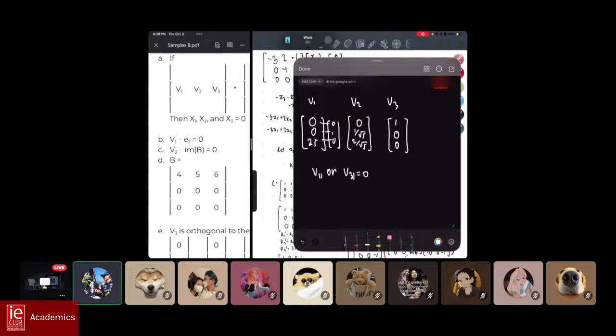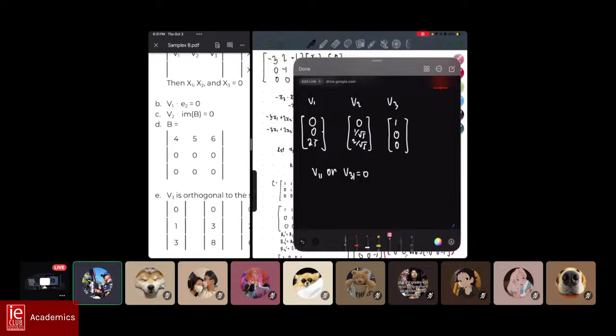Get the dot product. Yep, it's 0, so we are safe there. V2 times the image of B is 0. The image of B is along the X axis, so we can just use 1, 0, 0. Yep, we are good there.